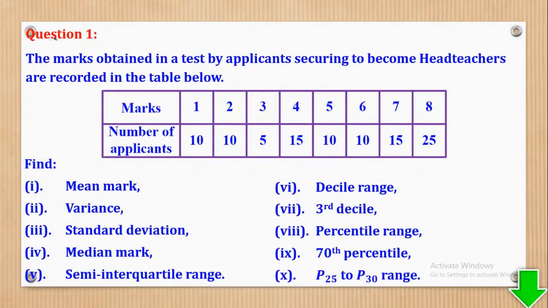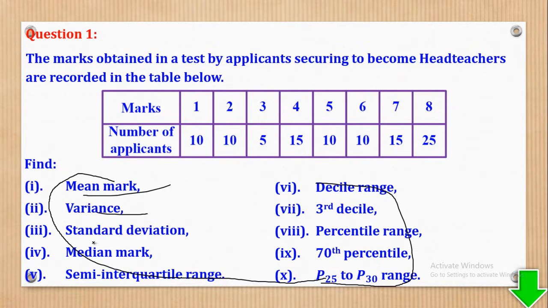So what we are going to do, we are going to summarize all the formulas you have seen in this question 1. I think you realize that this question contains all the parameters. It contains mean, variance, standard deviation, median, semi-interquartile range, deciles, and percentiles. So we are going to see how you can answer questions on parameters for ungrouped data with frequency distribution.